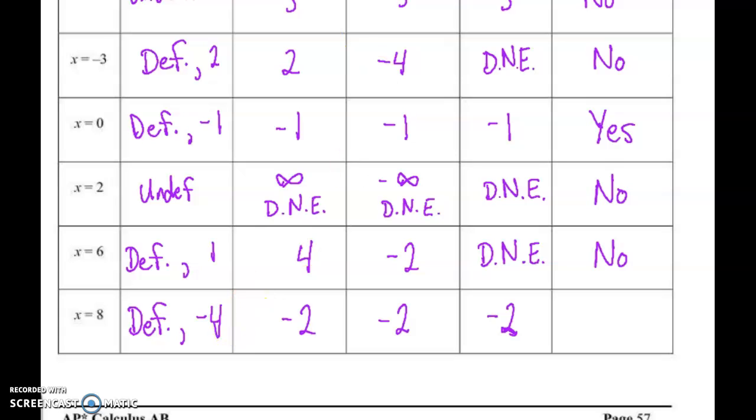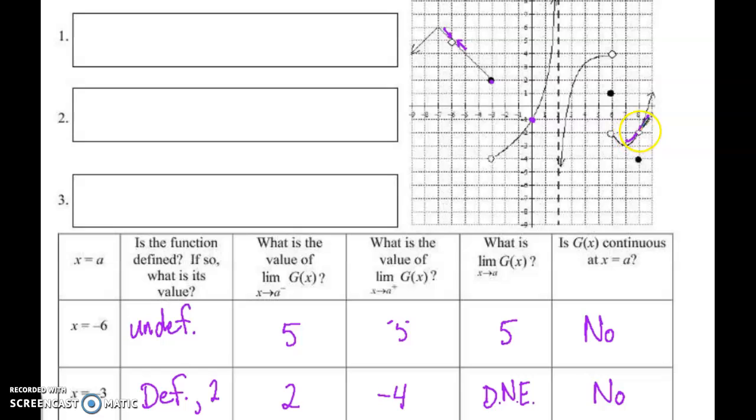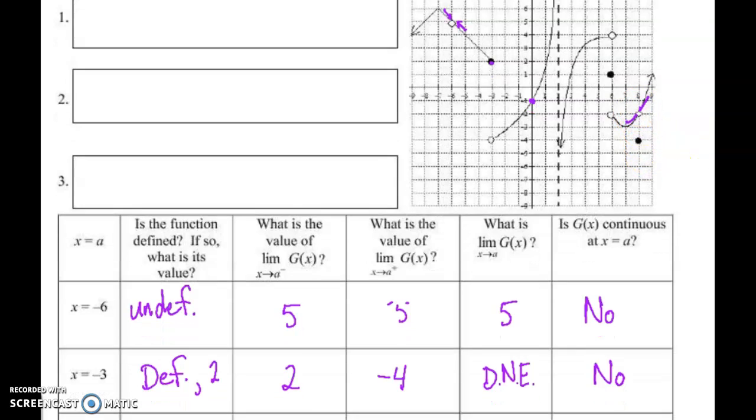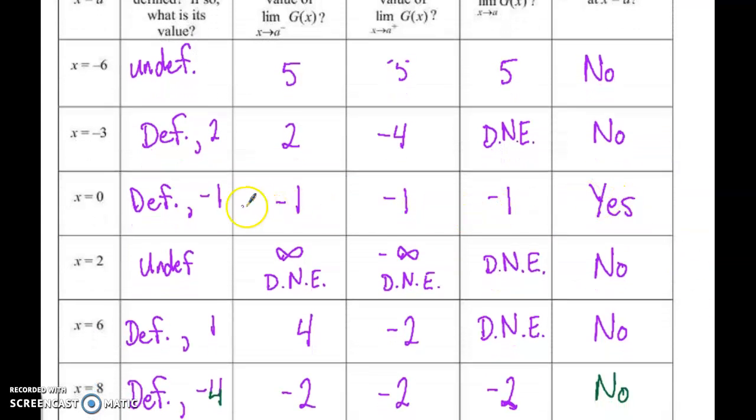But what it boils down to, let me fix it. I thought I hit the eraser. There we go. That was bothering me. Probably bothering you too. That this is not continuous. And from pre-calculus, that was pretty evident because there was a break in the graph, a hole, and then it jumped down and jumped back up. So look at these. Really there was only one time it was continuous.